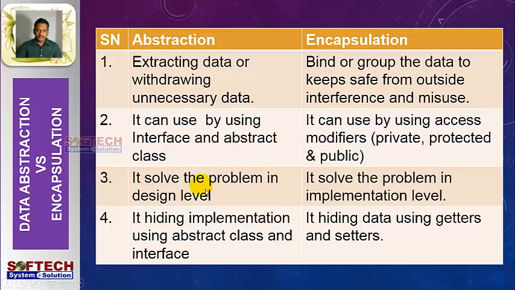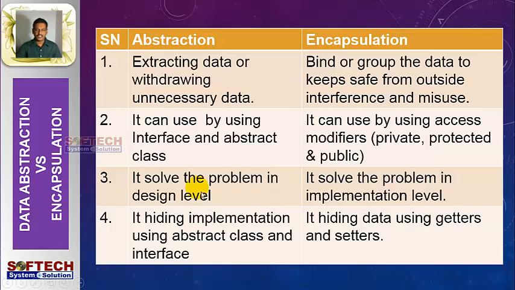Abstraction solves the problem at the design level, at the time of program development. So at the time of designing the program, abstraction helps at the design level, but encapsulation is at the implementation level, that is, the development level. Data abstraction hides implementation using abstract classes and interfaces.